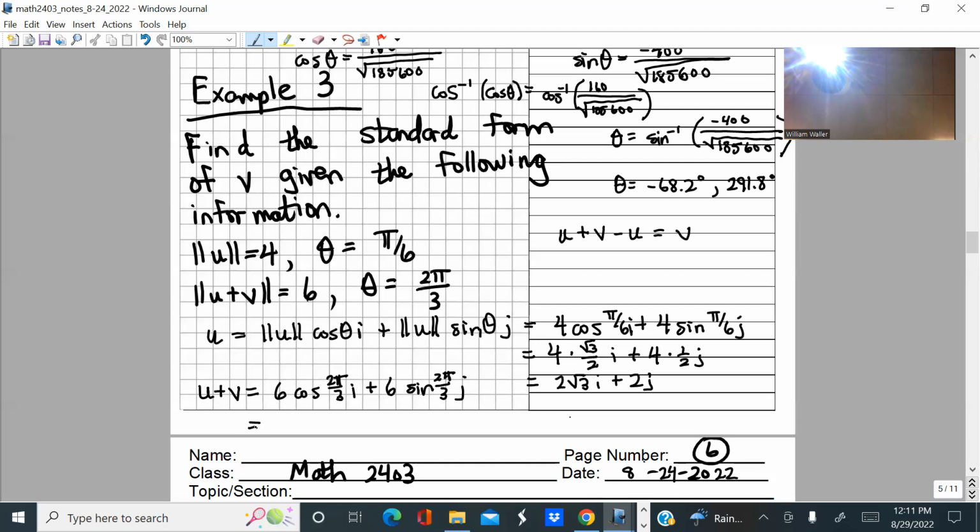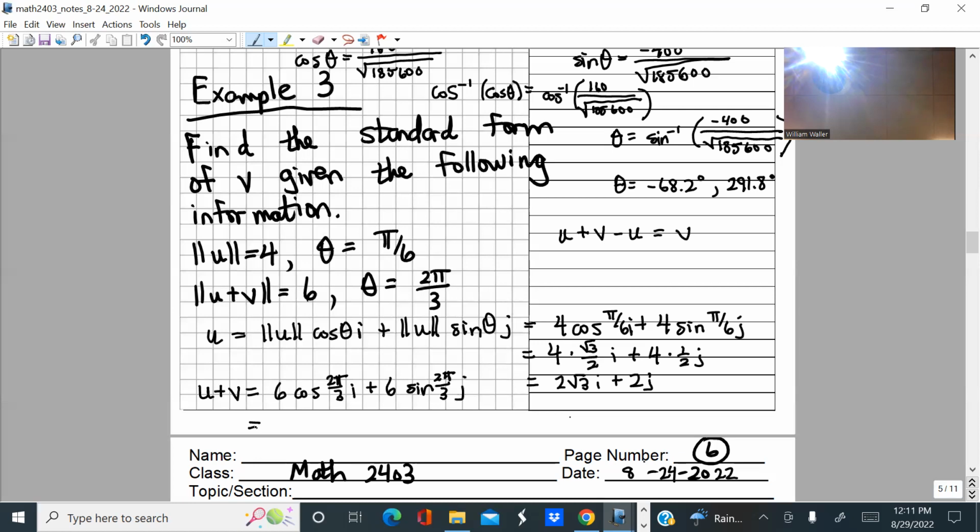And now we just have to remember what the cosine of 2 pi over 3 is. Remember pi over 3, because that's going to be the reference angle. The 2 pi over 3 is going to have a trig value similar to pi over 3. You remember what the cosine of pi over 3 was? It's 1/2.